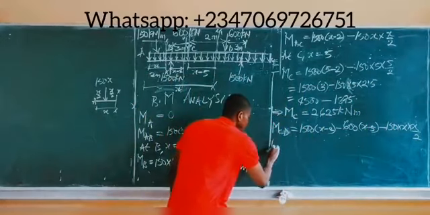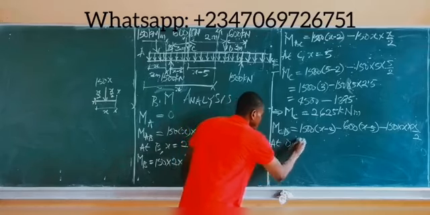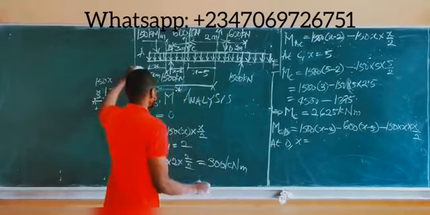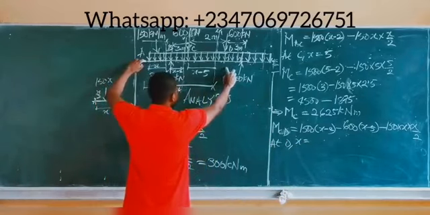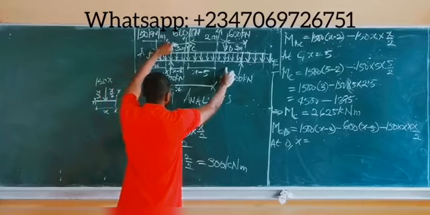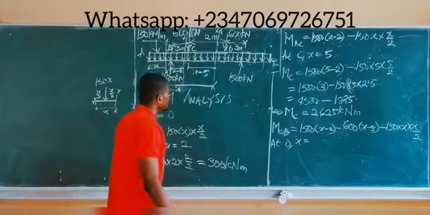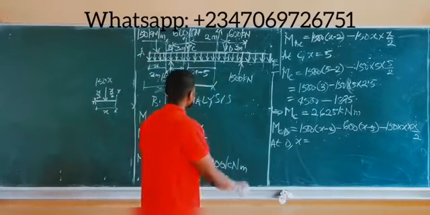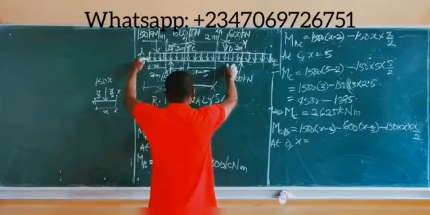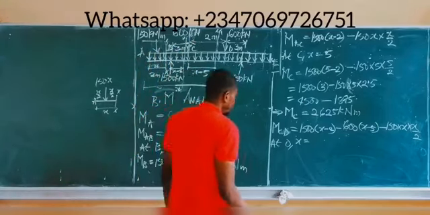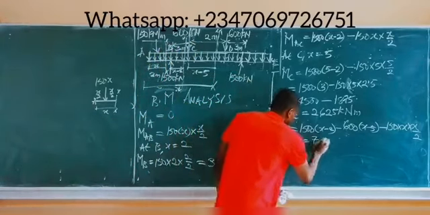So at D, x is equal to the total length from point A to point D, which is 2 plus 3, 5, plus 2, 7 meters. So x equals 7.